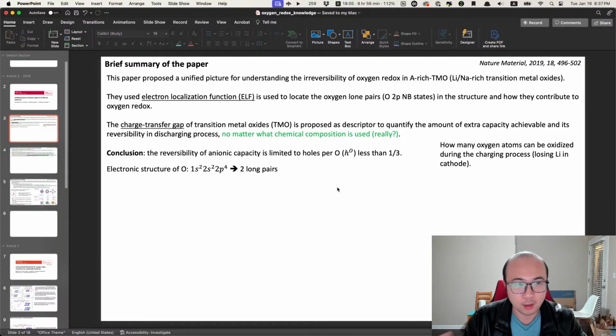So if I take away one electron from oxygen, this means I create a hole in the oxygen atom, and it's less than 1/3, which means that for each oxygen, the maximum amount of electron that can be taken from that oxygen and still maintain its reversibility is 1/3. Let's figure out how they are drawing this conclusion.